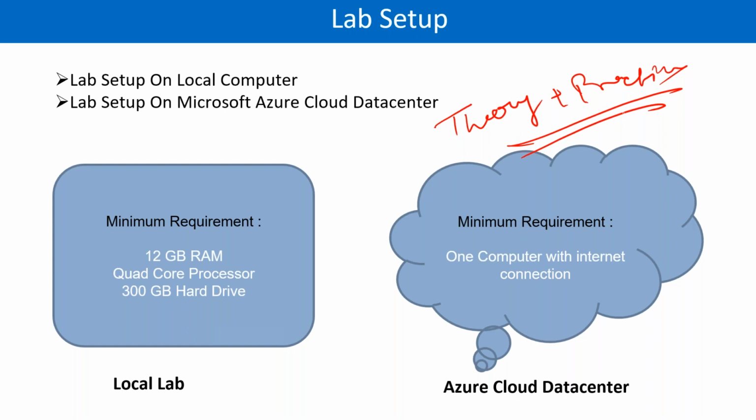For the practical lab, every one of you who is going to join the session will have a lab setup, either on your laptop or desktop. But for that, you need to have a minimum configuration of 12 GB of RAM, quad-core processor, and 300 GB of hard disk. That's the minimum configuration required for the SCCM lab setup.